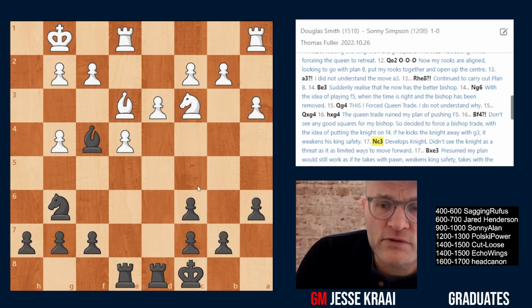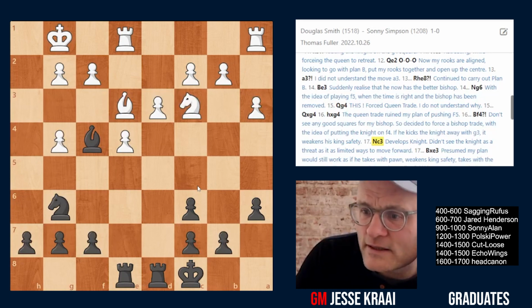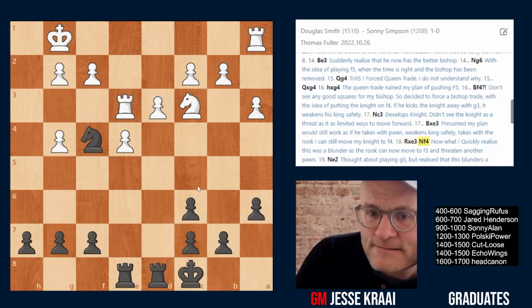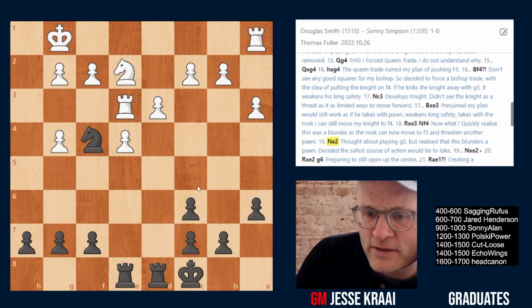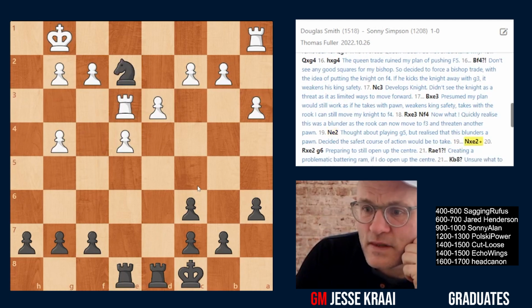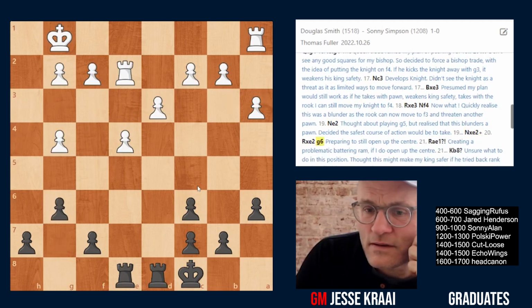Knight c3 certainly looks reasonable, but notice that it's not necessarily clear it has any great future on c3. Knight d2 has a little bit more future, then it can go to c4, f3. At least you're getting frisky here, you know. He does this, and you trade. I'd rather see knight e6. Okay, I don't think that's terrible.